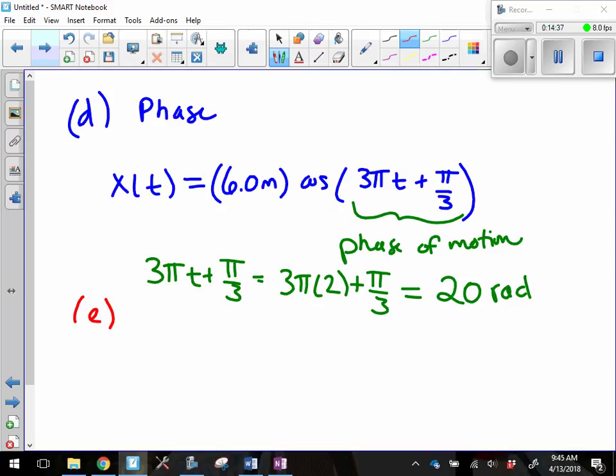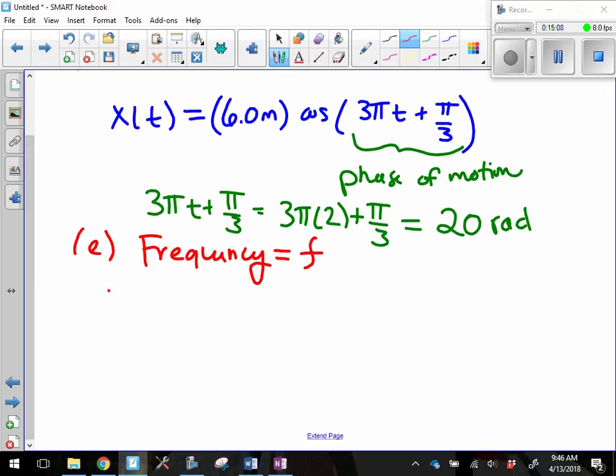Okay, so how about part E? What are we supposed to find there? The frequency. Okay, so we're supposed to find the frequency. What's the symbol that goes with frequency? No, I want to know the letter that goes with frequency. F. Little f. But somebody brought up omega.